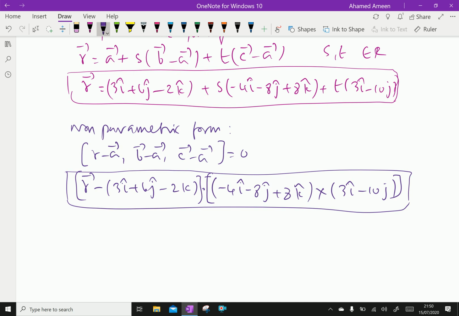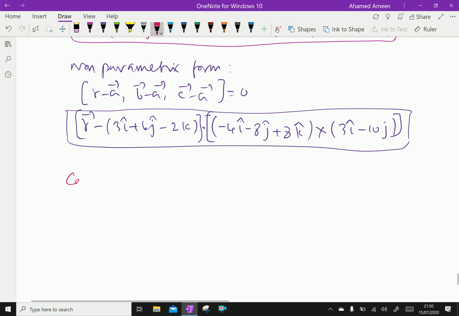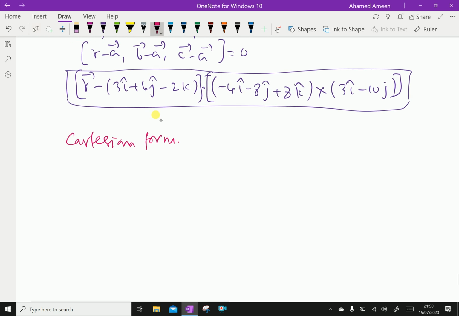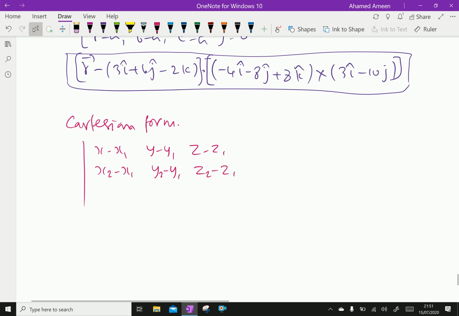Next is Cartesian form. The Cartesian form of the equation of the plane is the determinant with rows x minus x1, y minus y1, z minus z1; x2 minus x1, y2 minus y1, z2 minus z1; and x3 minus x1, y3 minus y1, z3 minus z1, equals 0.